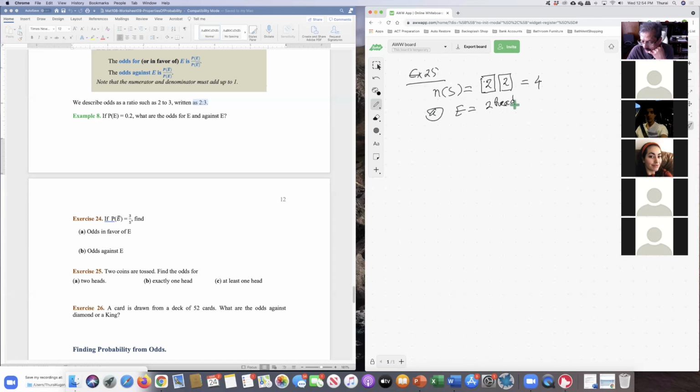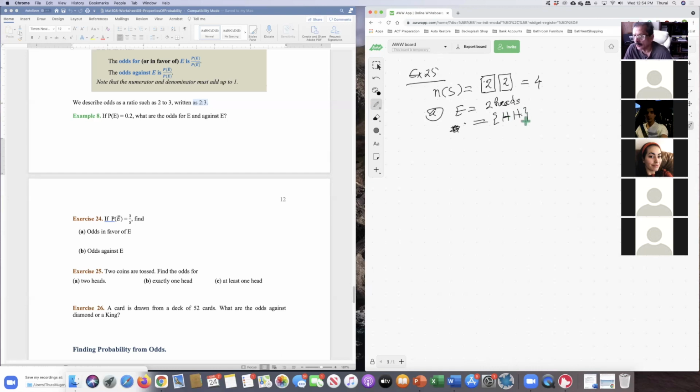What element in the sample space will make this event happen? It would be head and head, HH. That's the only element of the sample space that will make this happen.